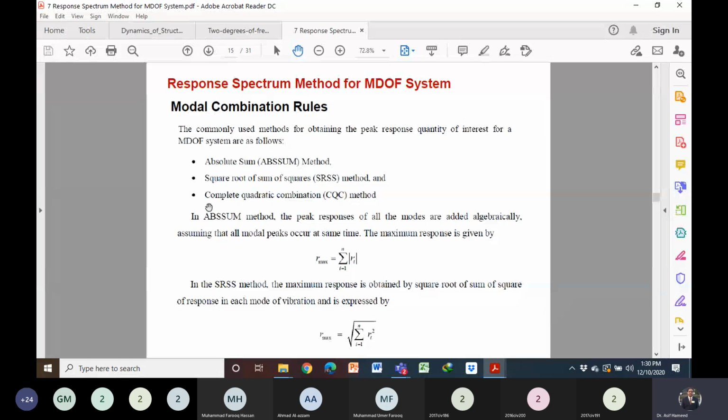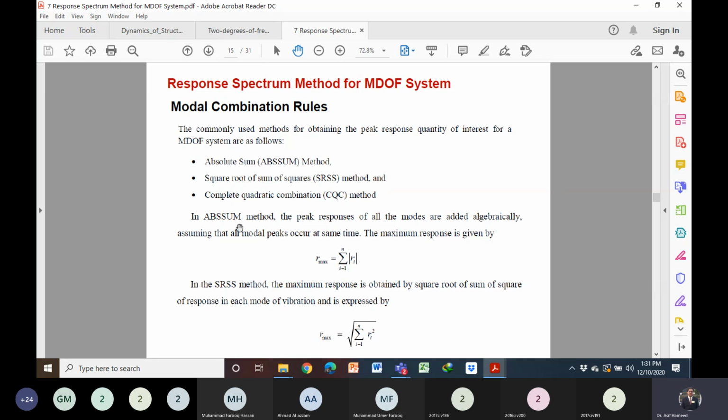In the absolute sum method, simply we will add the absolute values of the response in the different modes. Simply add them. That will be the total response.